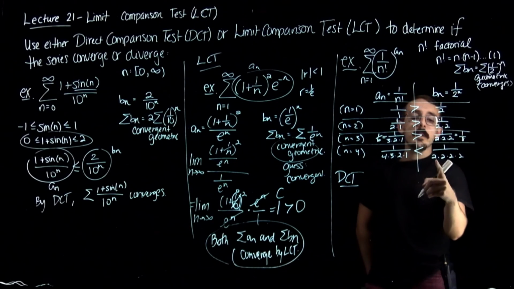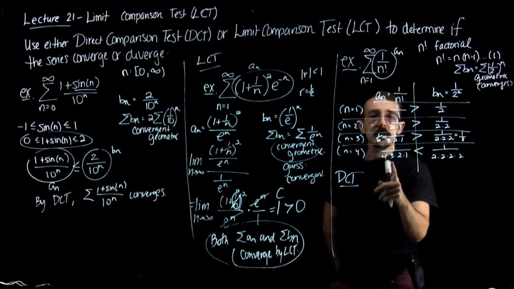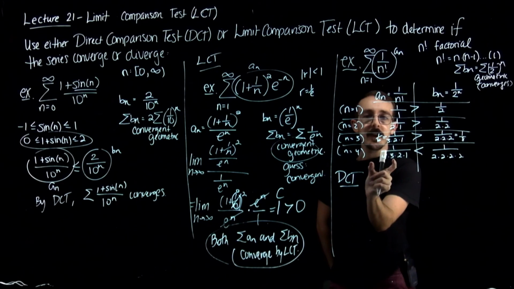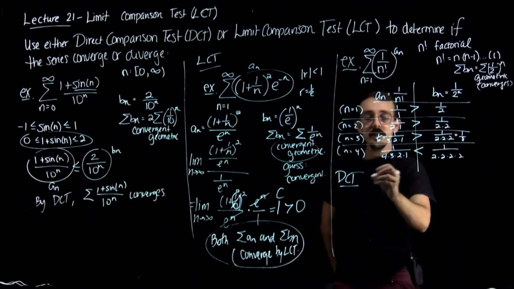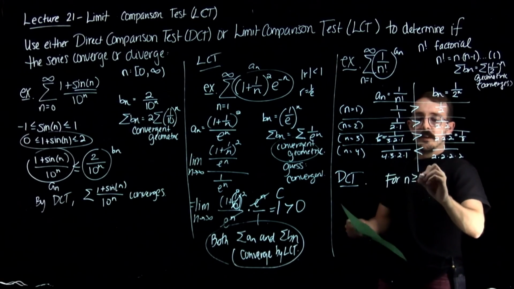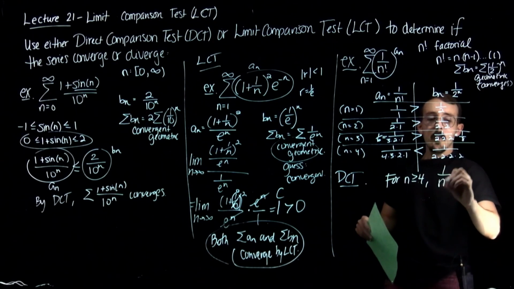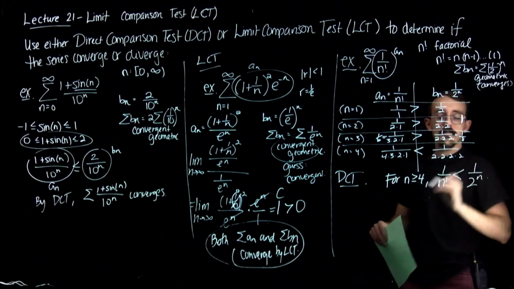And the reason why, if you think about it, is you're always going to be multiplying by 2's. But there's going to be a lot more numbers over here that suddenly become greater than 2. Each one of these is going to be greater, and it's going to offset this one. So what I'm going to say is, for n greater than or equal to 4, 1 over n factorial is strictly less than 1 over 2 to the n.